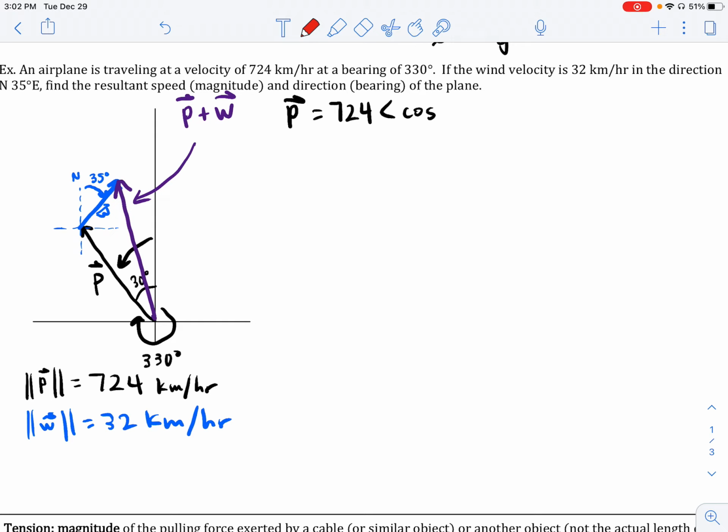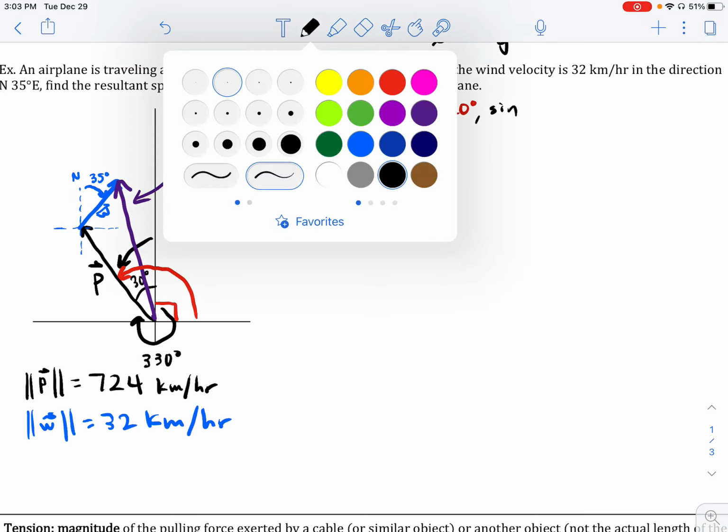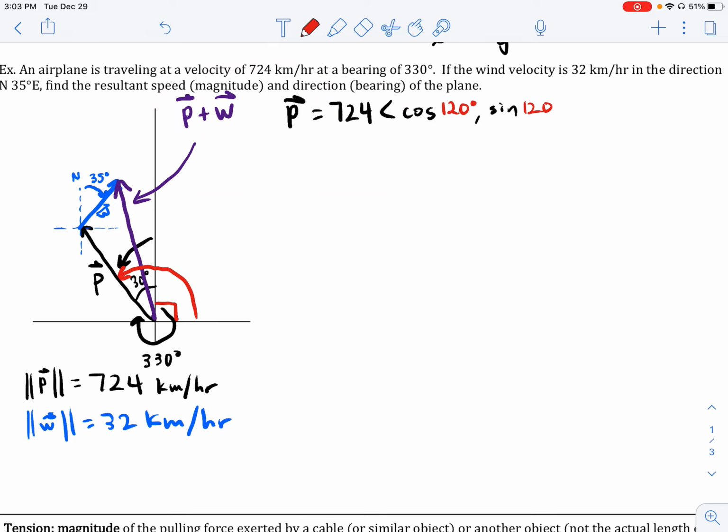So this is the actual angle that we want to describe. What would that angle be? We know it's 90 degrees plus 30 degrees. So we would say cosine of 120 degrees, and then sine of also 120 degrees.